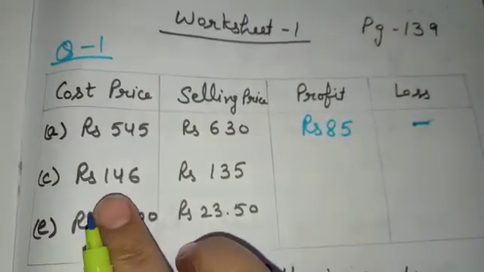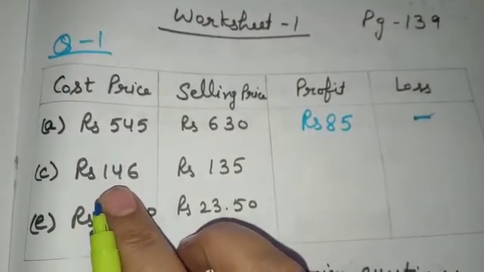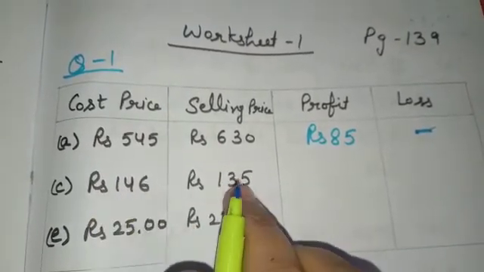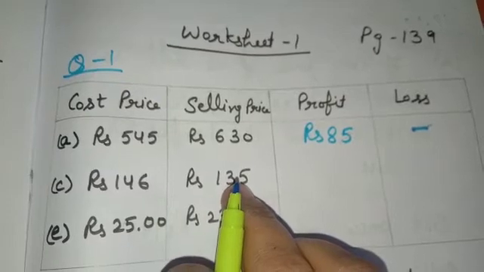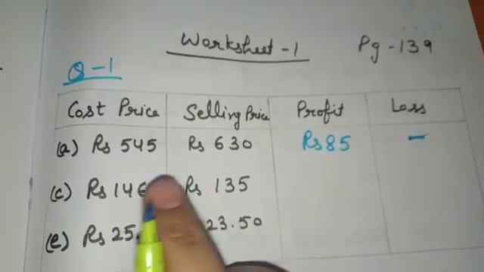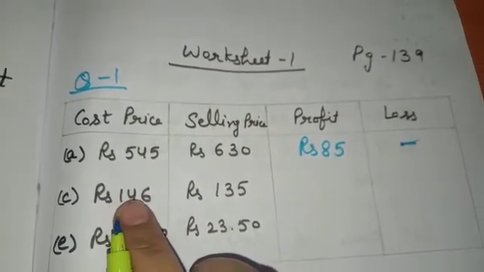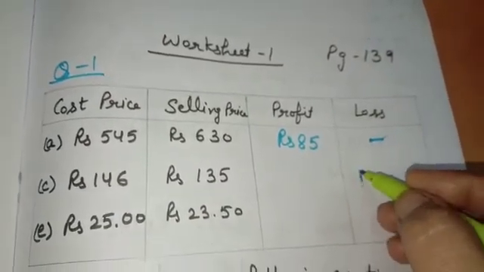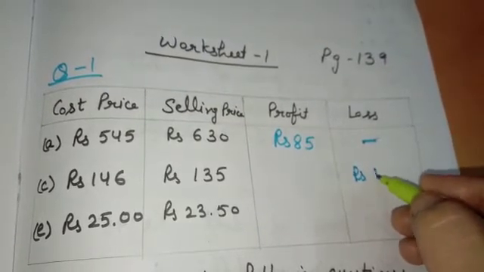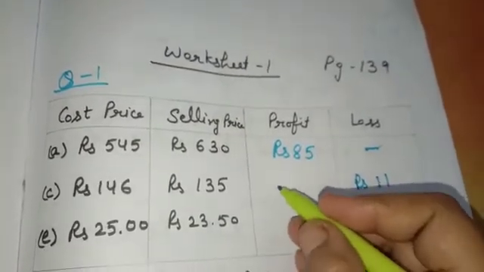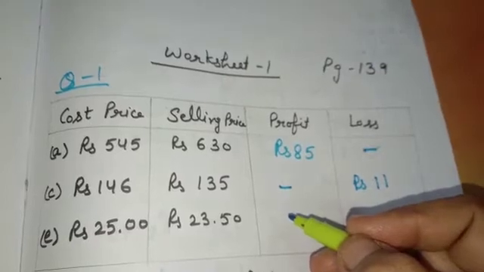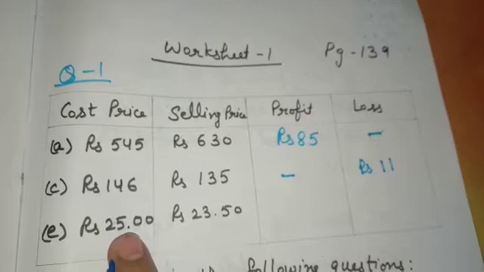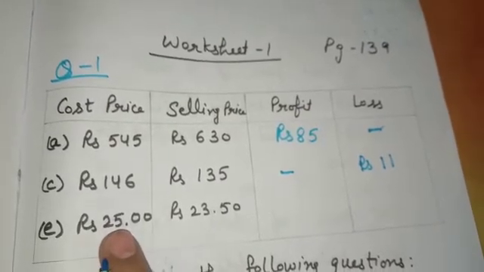Part C of the question is cost price is 146, selling price 135. As cost price is greater than selling price, we have a loss. And for loss, the formula is cost price minus selling price. So in the column of loss, we will write rupees 146 minus 135, it's rupees 11, and put a dash in the column of profit. Part E is cost price is 25.00, meaning 25 rupees.